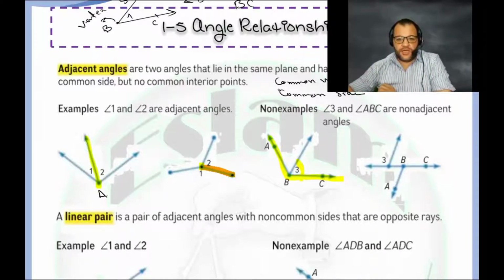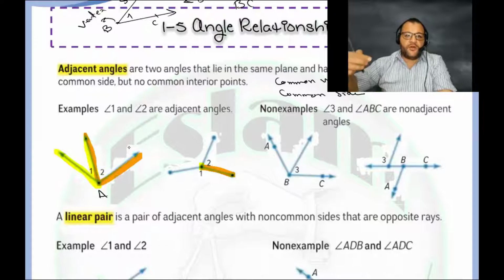Do you get the idea? Why is example 1 adjacent? Here, that's angle number 1 and that's angle number 2.